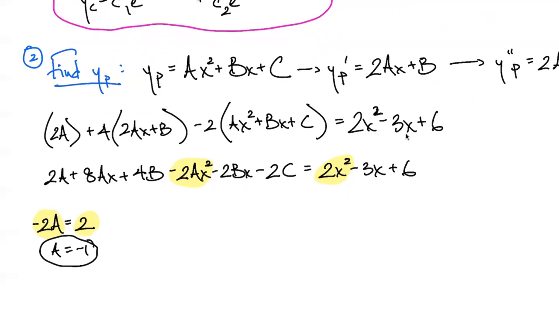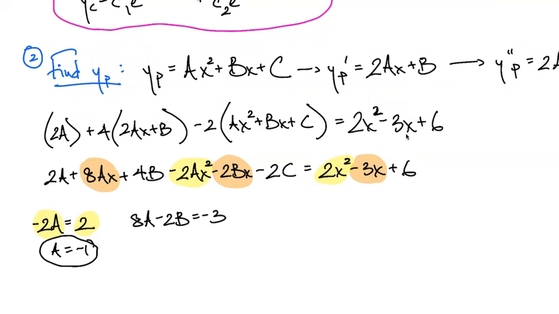But let's go through and create other equations. For example, which terms only have a linear term? Well, 8ax minus 2bx is going to equal negative 3x, or 8a minus 2b equals negative 3.